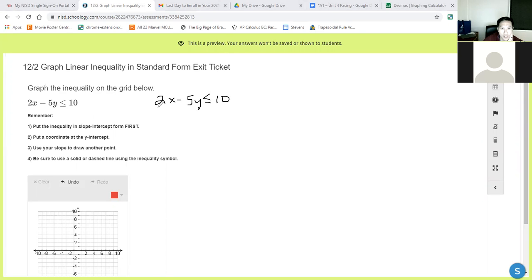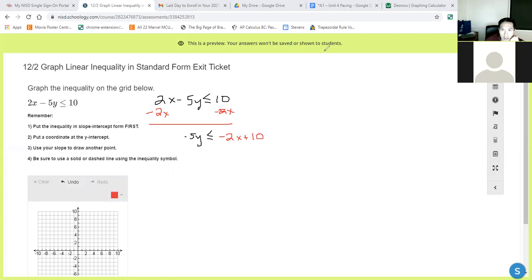So I'm going to subtract it. That leaves me with negative 5y on the left side, and the right side will read negative 2x plus 10.